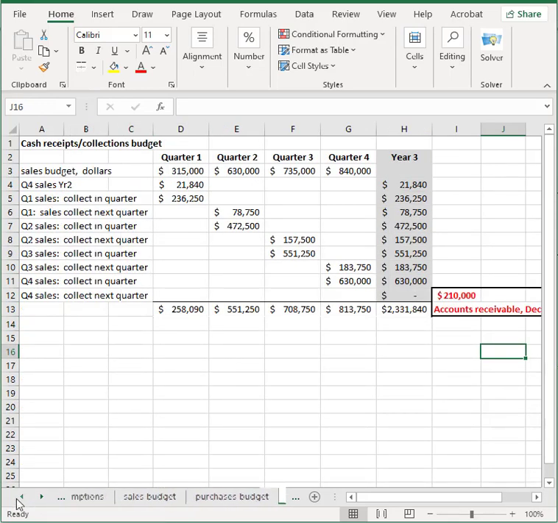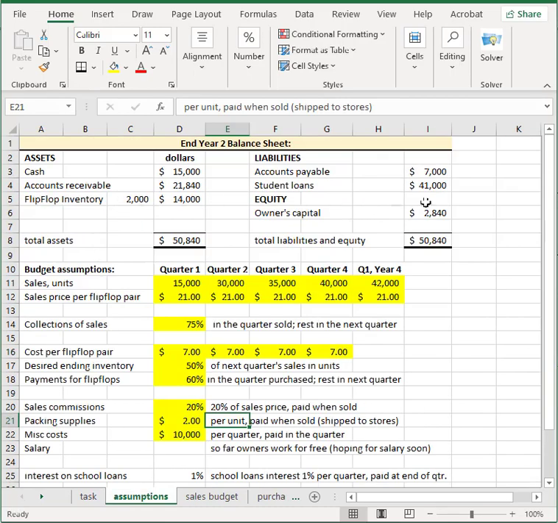Let's go look at our initial assumptions. So here is your student loans, $41,000, and the interest rate on the student loans is 1% per quarter. So for 41,000, 1% would be 410. But we're not going to type that in. We're going to point to it in case any assumptions move.